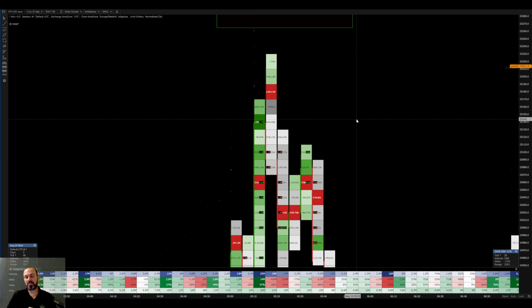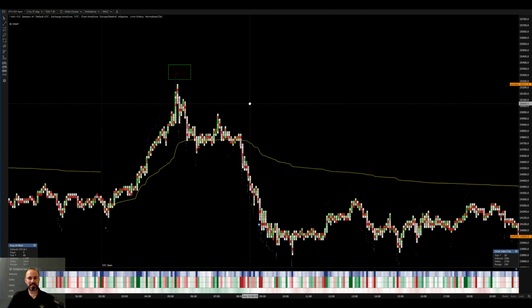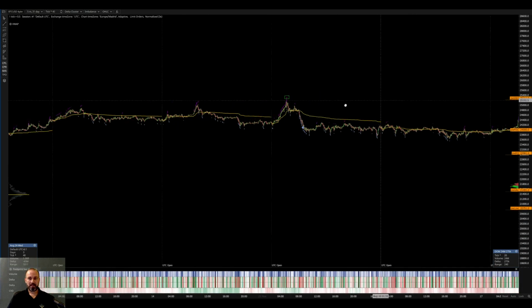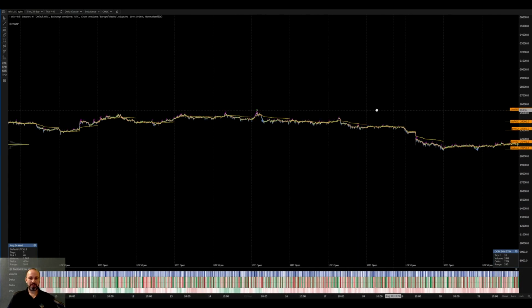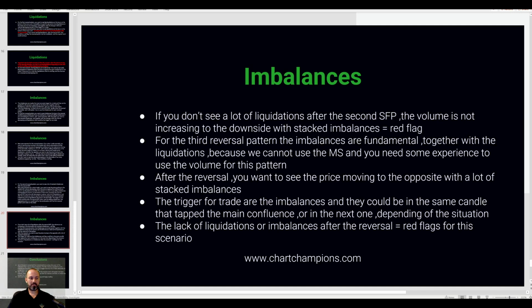Boom, you start to see the selling imbalances in that situation. Boom, that is your trade. So again, that is a very good example. And if you missed that update, please check it. It is basically from yesterday, so fresh information, fresh price action. That is something that you want to see for a live trading situation.